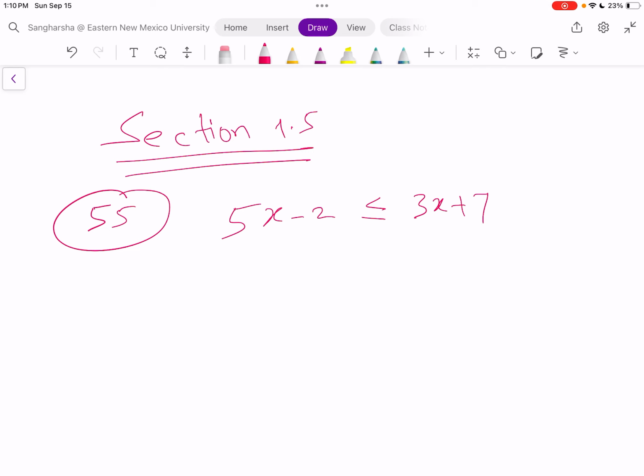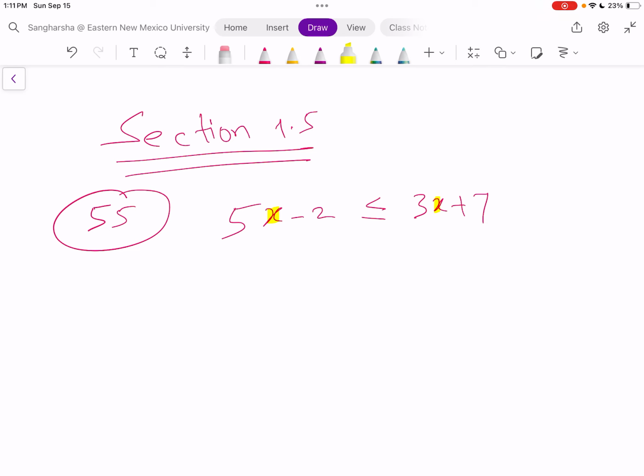Solving an inequality is pretty similar to solving an equation. You are making the variable by itself on one side. Our variable is x, so we want our variable on one side and the remaining terms on the other side.